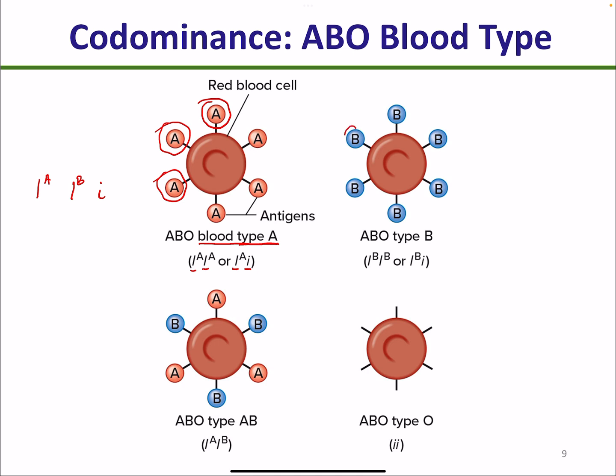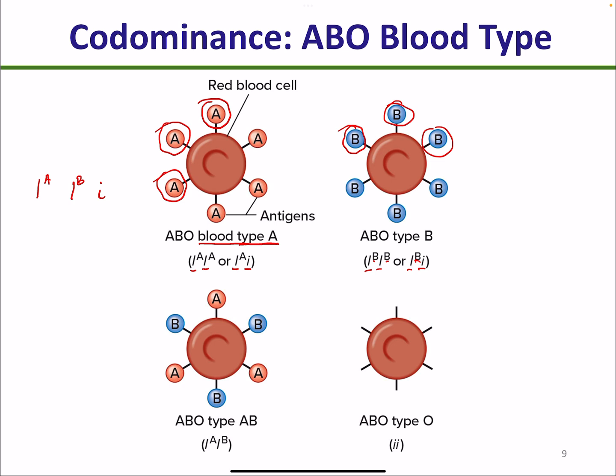That enzyme produces antigen B on the surface of red blood cells. Now, for genotypes, individuals have two possibilities. They can be capital IB and capital IB, or they can be capital IB and lowercase i.